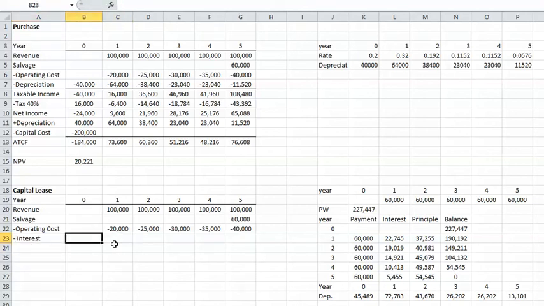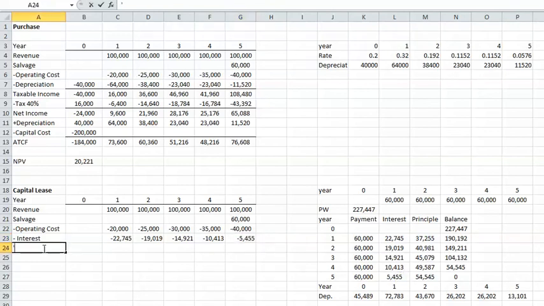So for year 0, we didn't have any payments. For year 1, it is equal to this value. For year 2, this value. For year 3 equals this value, and so on, year 4 and year 5.